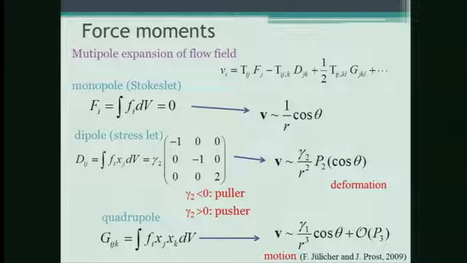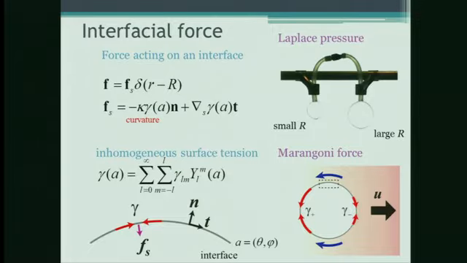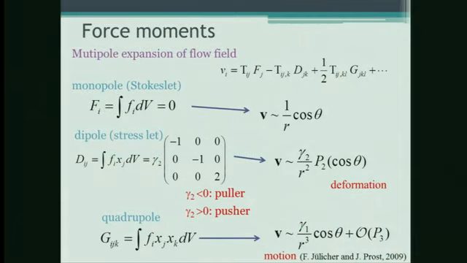And if you choose a proper axis, then the dipole is given like this matrix. But the important thing is that this is proportional to gamma 2, the second mode of the spherical harmonics, and this is proportional to 1 over r squared.